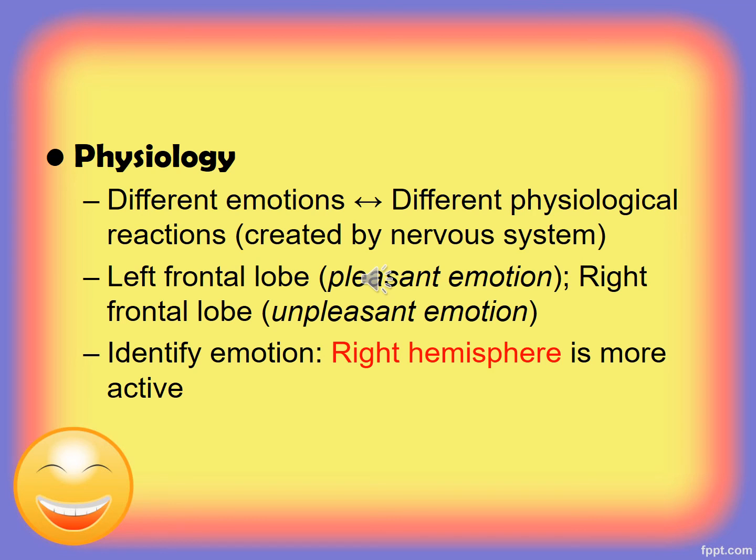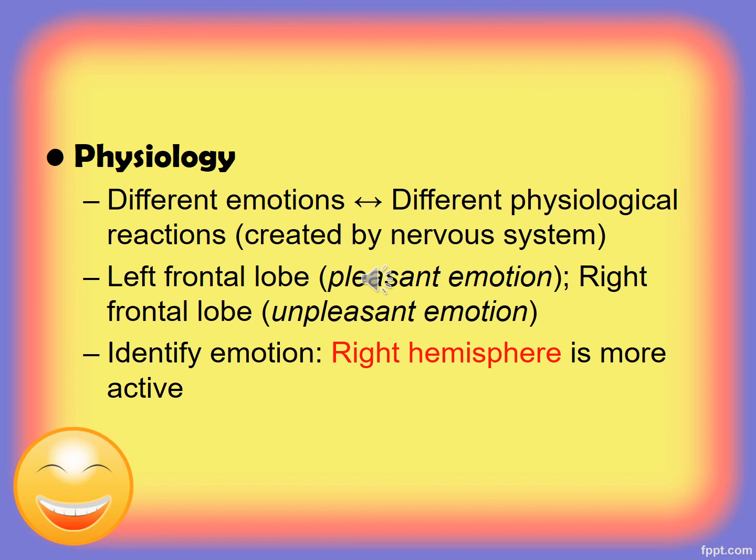Other than that, they are trying to understand which part of the brain is determined or influenced by the emotions. They found that the brain activity in the left frontal lobe will increase when people are experiencing some pleasant emotion, whereas in contrast, when they're experiencing unpleasant emotions, the right frontal lobe will be more active.